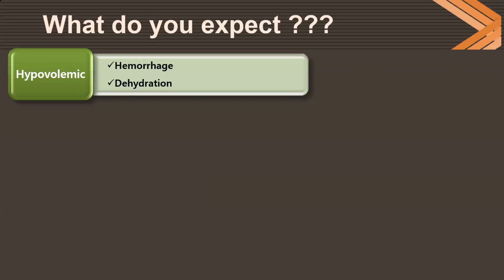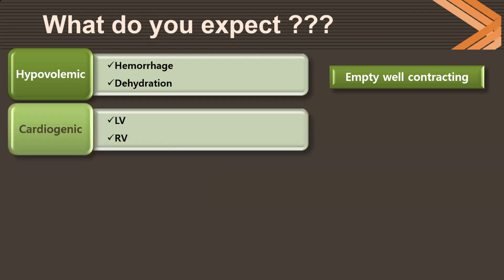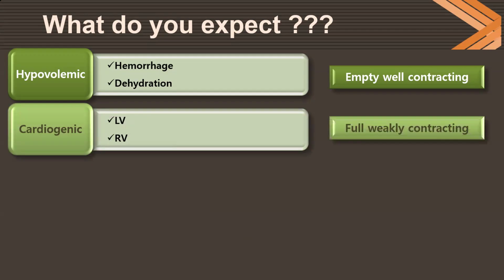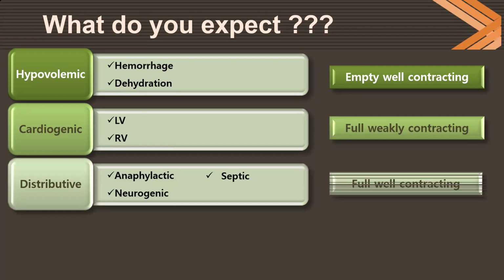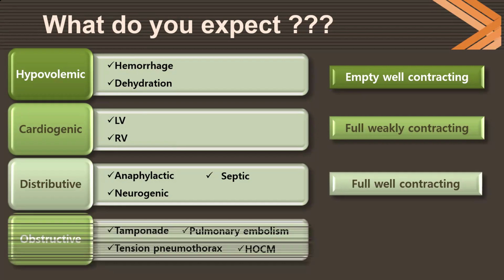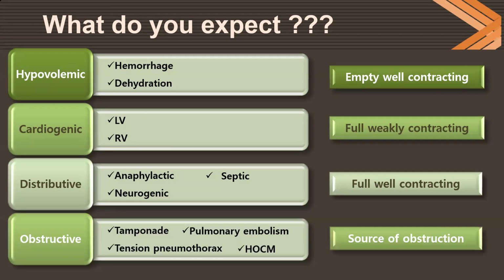When the patient is hypovolemic, I expect that the heart will look empty and will be well contracting. What about cardiogenic shock? In cardiogenic shock, I expect the heart will be full and weakly contracting. In distributive shock, I expect the heart will be full and well contracting. And in obstructive shock, I need to find the source of the obstruction.